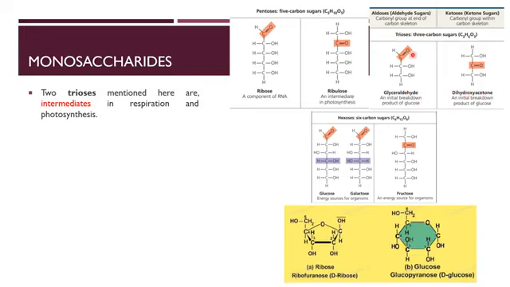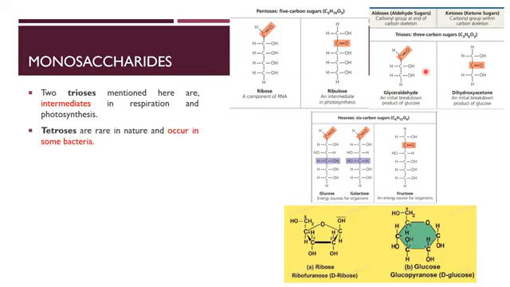Just have a look at their functional groups. You can see here this one is the aldehyde group, so glyceraldehyde is an aldo sugar and a triose sugar. Similarly, dihydroxyacetone is a triose sugar, but it has the keto group, so it is a keto sugar. Both of these are intermediates in respiration and photosynthesis.